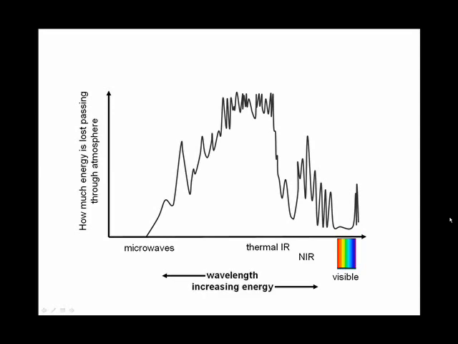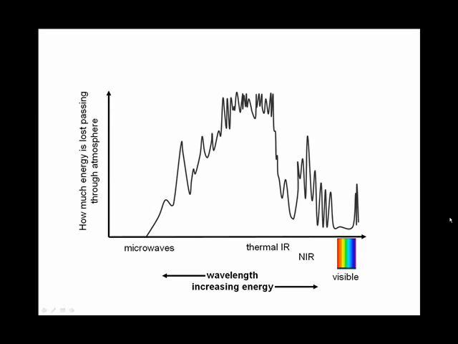You notice the axis at the bottom here is the wavelength going one direction, or increasing energy from left to right. And just for reference, I've put in the visible part of the spectrum there so you can see the little rainbow colours. So off the end of that to the very far right of the diagram, we're going into the ultraviolet, which is no longer, our eyes are no longer sensitive to that part of the electromagnetic spectrum.